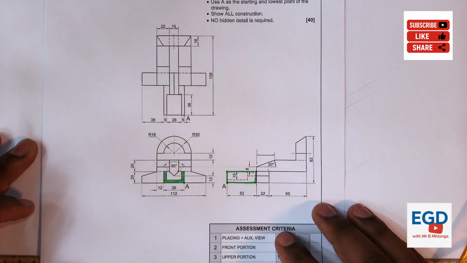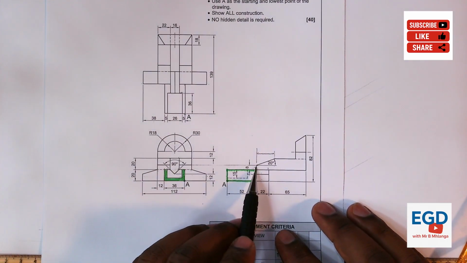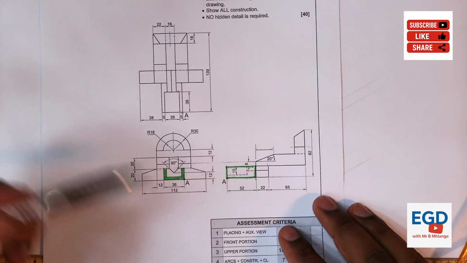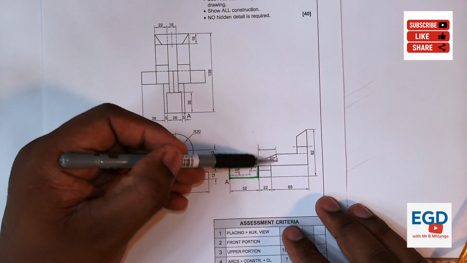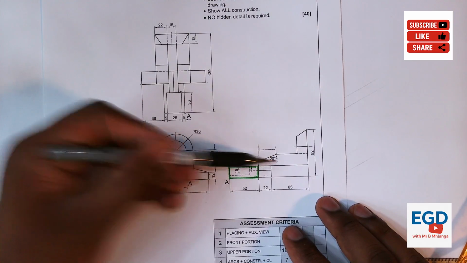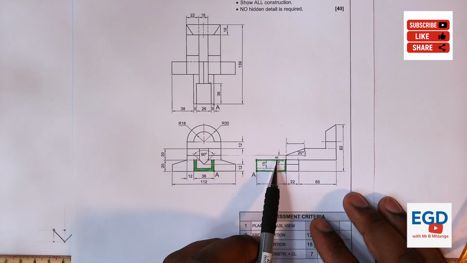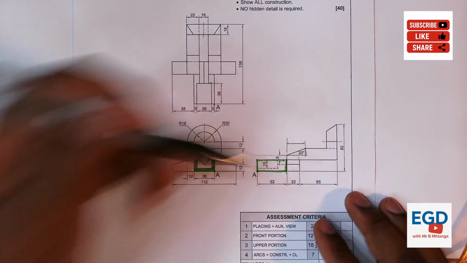All right. Okay, so for me to draw an auxiliary view for this, I'll have to get the height of that angle. So I can say 20 minus 8, which is 12. So from here to there it's 12.